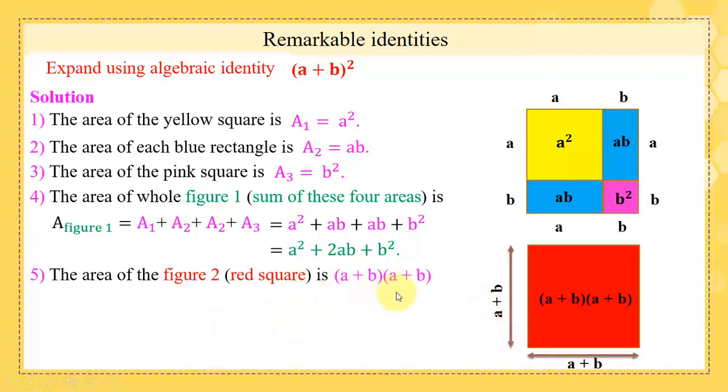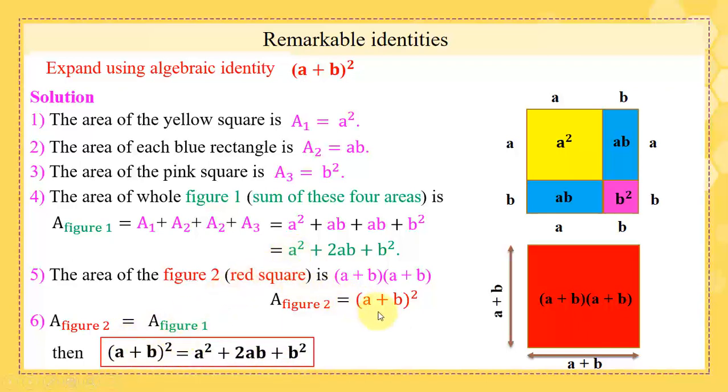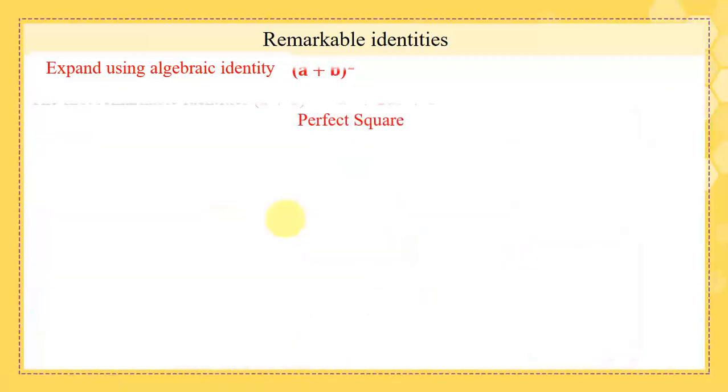So it is equal to (a plus b) times (a plus b), which is equal to (a plus b) squared. Since the two figures, figure 1 and figure 2, have the same area, this means that (a plus b) squared, the area of figure 2, is equal to a squared plus 2ab plus b squared.